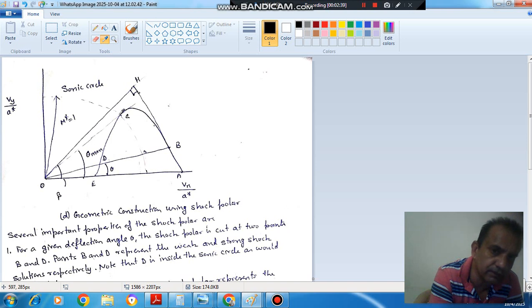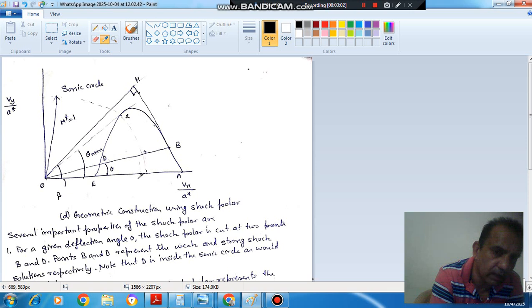This point C is the maximum angle which can be obtained in oblique shocks. After that there will be no solution. So this is the maximum angle, and this part represents weak shock, this part represents strong shock.